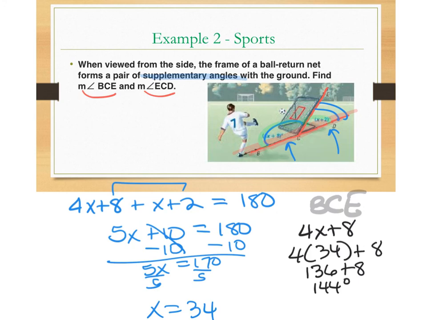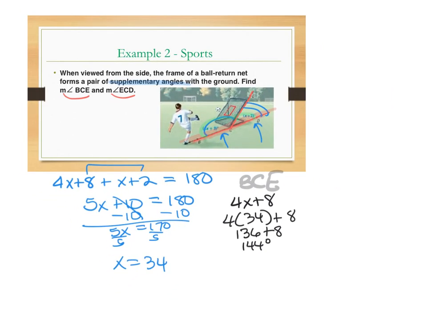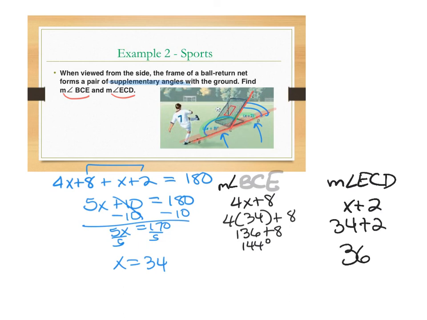Again, remember when we are looking to find an angle measure, we include the little degree symbol. Then to find the measure of the other angle, ECD, I know that ECD is x plus 2. So I could take my 34, add 2 to it, and the measure of that angle is 36 degrees.